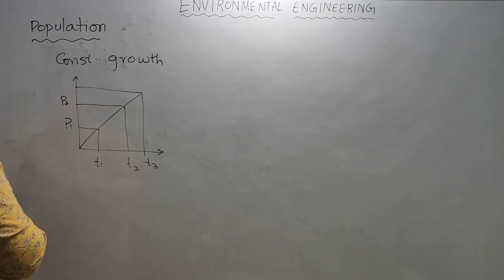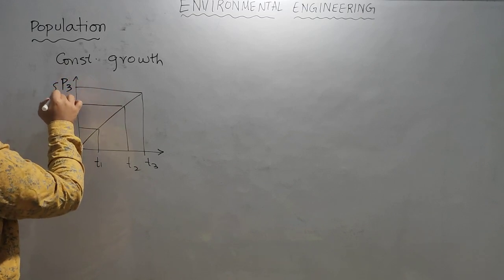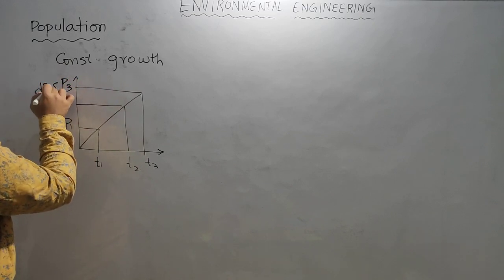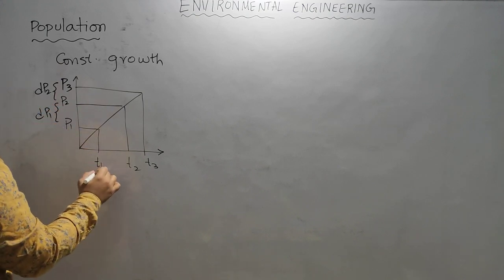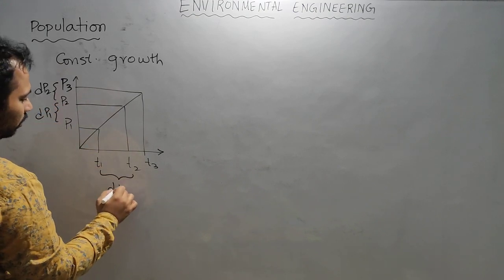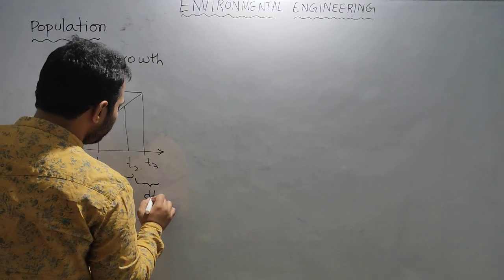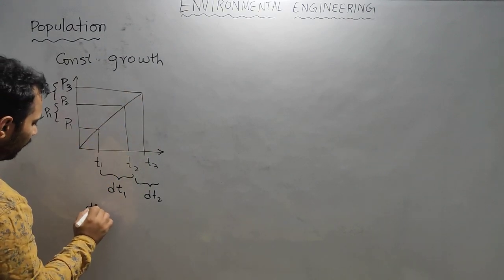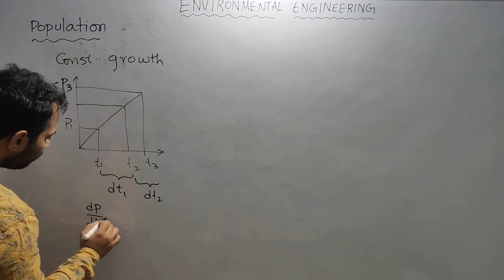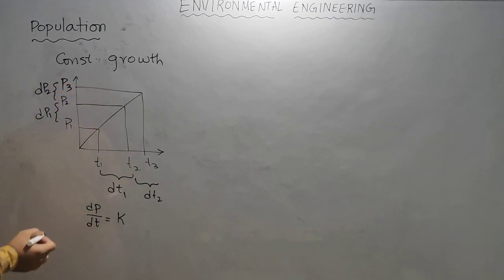Here this is dp1, this is dt1, and this is dt2. The slope is constant everywhere, so we have assumed that dp by dt is constant in the constant growth method.